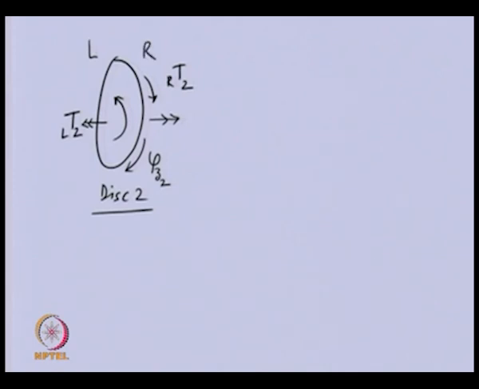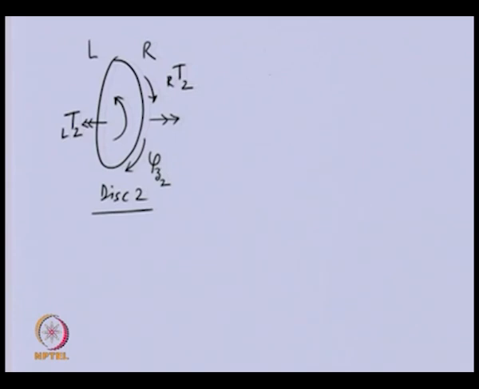Because this disk is a very thin disk, we expect the angular displacement at either side of the disk to be the same.